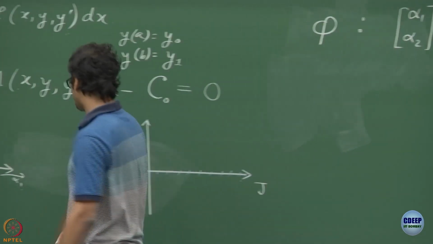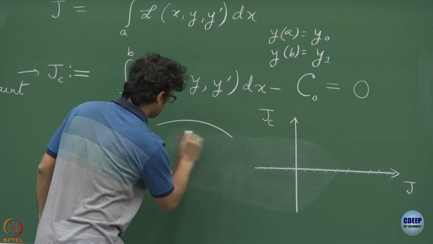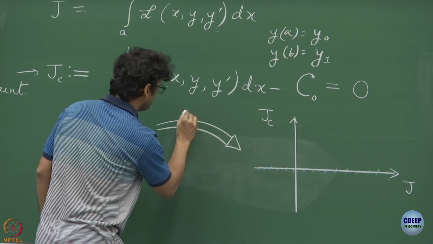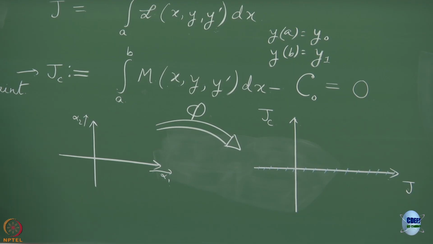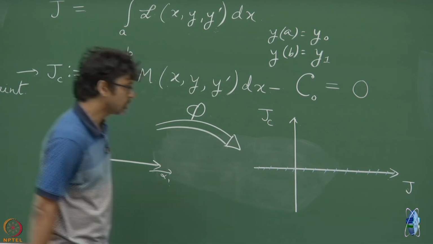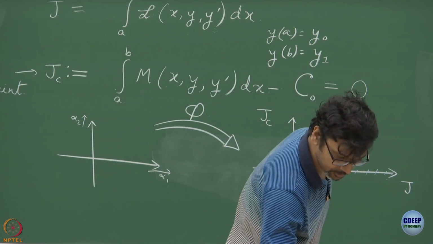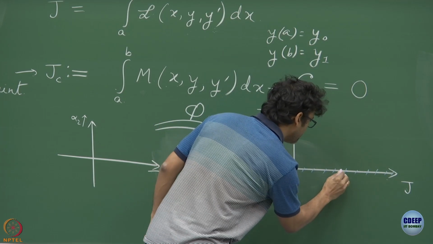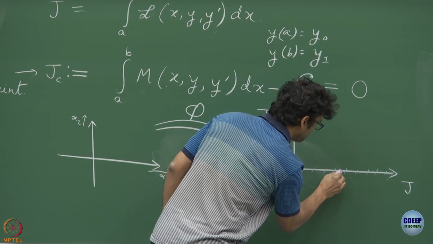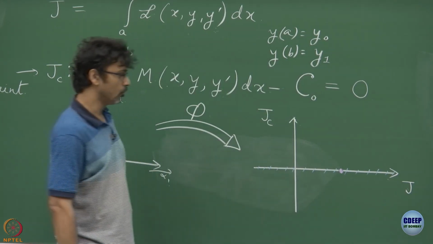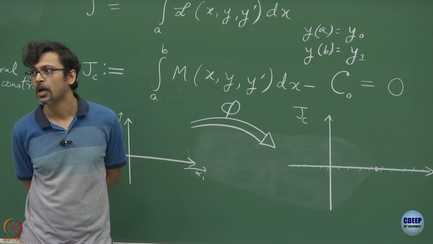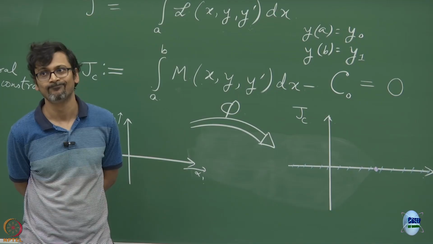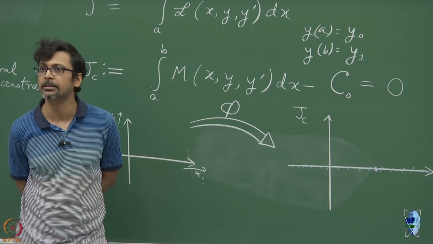So this mapping is done by this phi. Suppose I have a certain point here which claims to be doing the best in terms of minimizing J while meeting the constraint JC.